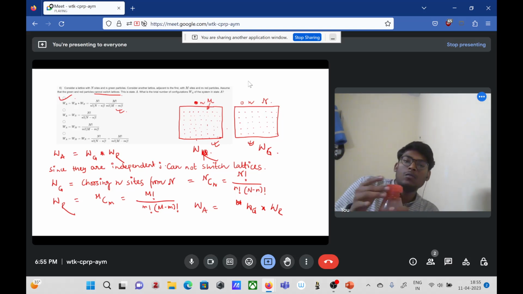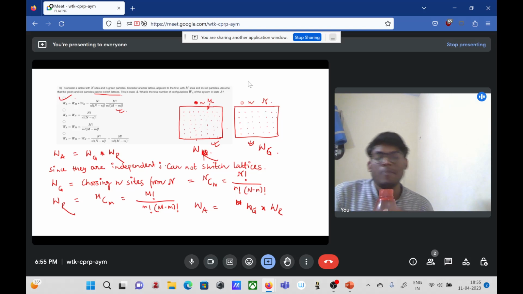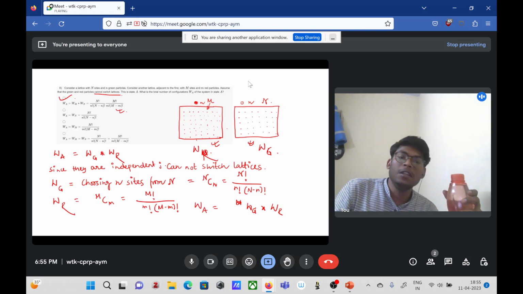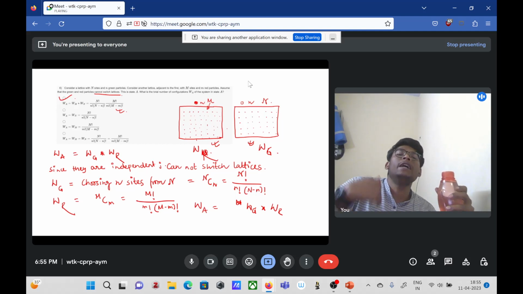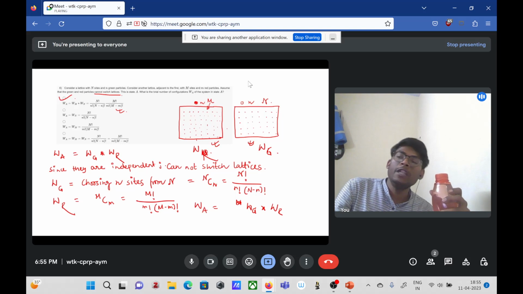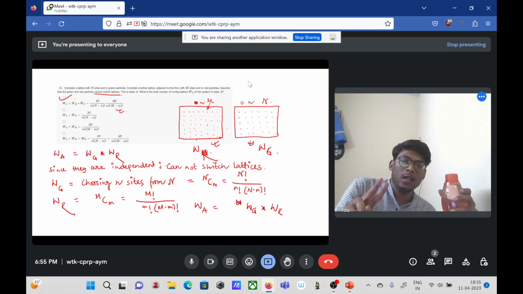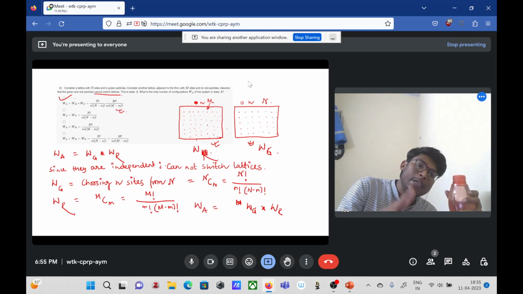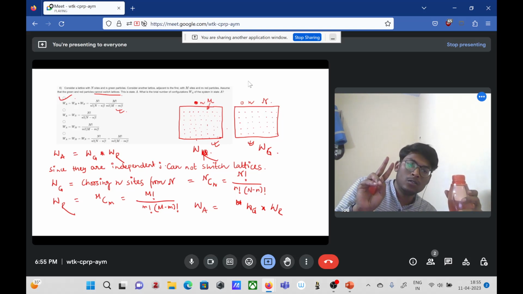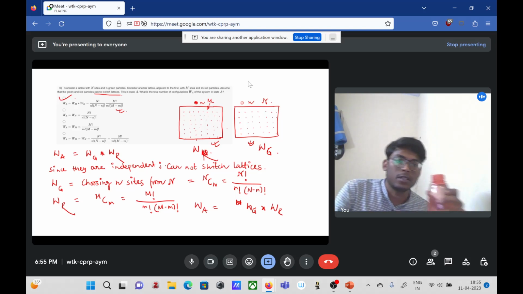So we just have to calculate for the green particles, and then for the red particles, then we take the product and we get the microstates for the whole system. So when two subsystems are independent, we calculate the microstates for the two subsystems independently and take their product to get the total microstates. Okay.